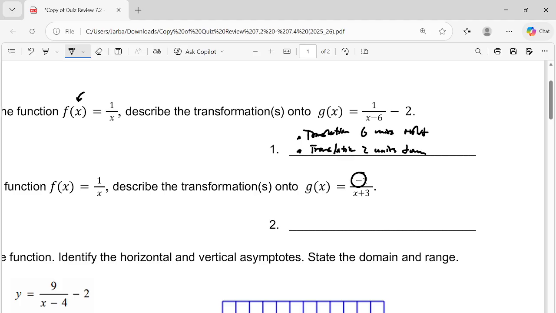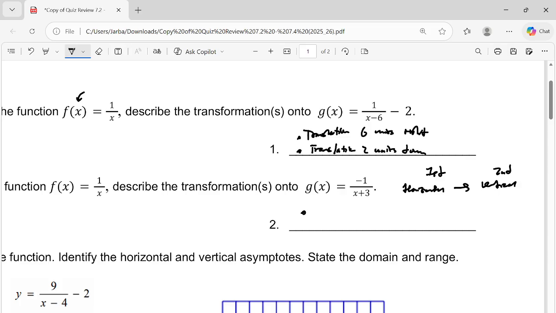This is a vertical reflection, a reflection over the x-axis. It doesn't really matter the order for this class, but you want to list them in order from horizontal first, and then vertical second.